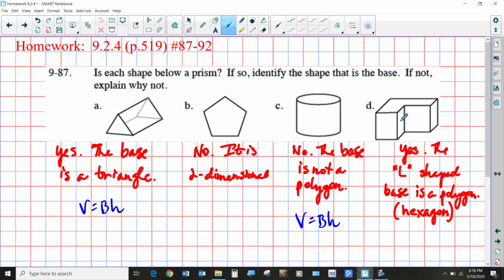So yeah, that's definitely a prism. So you would figure out this is like that Laverne's dessert kind of a problem where you find the area of the base and then multiply it times the number of layers. So V equals capital BH works for A, C, and D as far as finding their particular volumes.